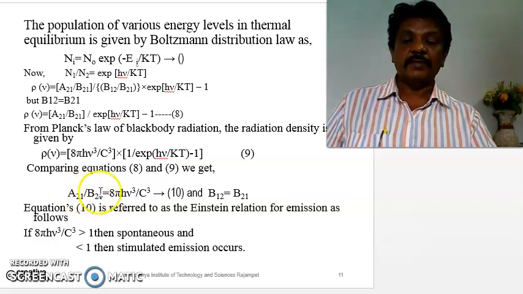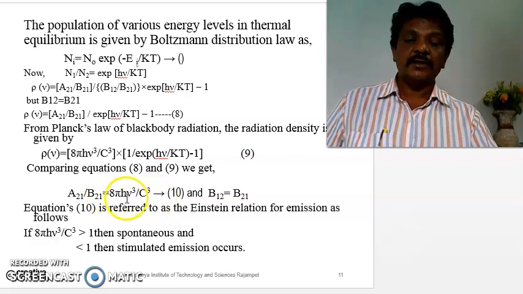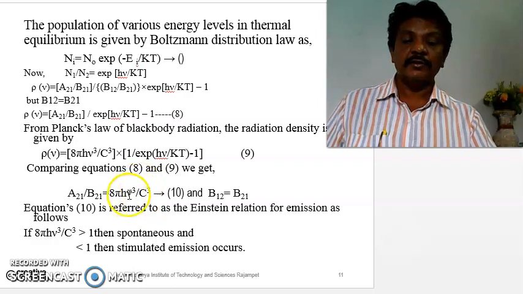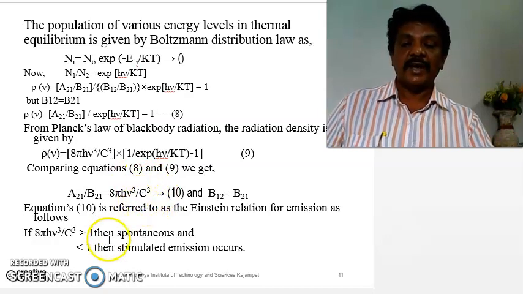So A21 by B21, spontaneous emission by stimulated emission, is equal to 8 pi h nu cubed by c cubed. Here 8 pi h are constants, c is the constant velocity of light, and nu is the variable. Depending upon the nu value, 8 pi h nu cubed by c cubed changes as follows.